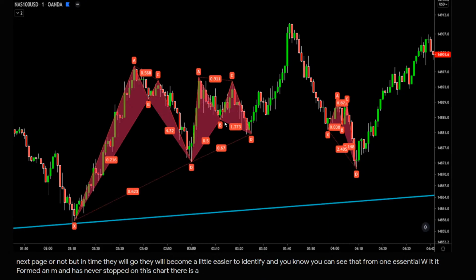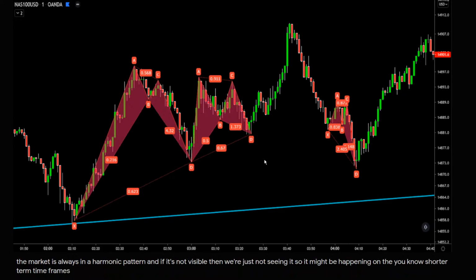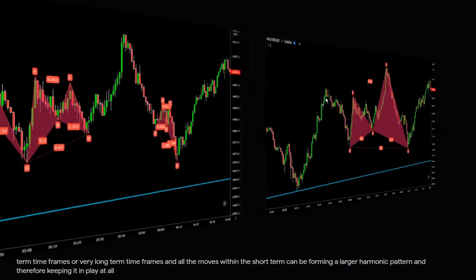Now there is a theory that many traders that specialize in harmonic trading would say that the market is always in a harmonic pattern, and if it's not visible, then we're just not seeing it. So it might be happening on the shorter term time frames, or very long term time frames, and all the moves within the short term can be forming a larger harmonic pattern, and therefore keeping it in play at all times.